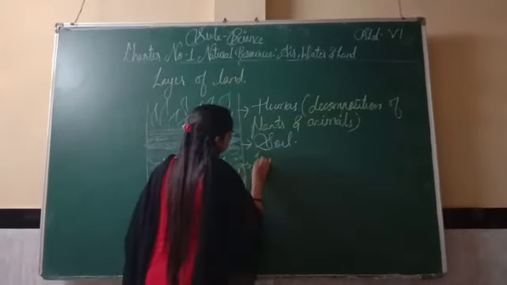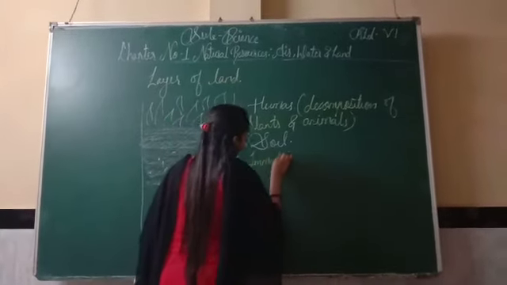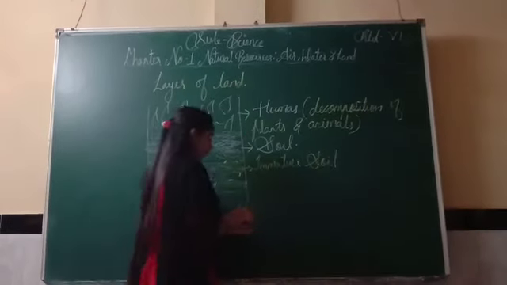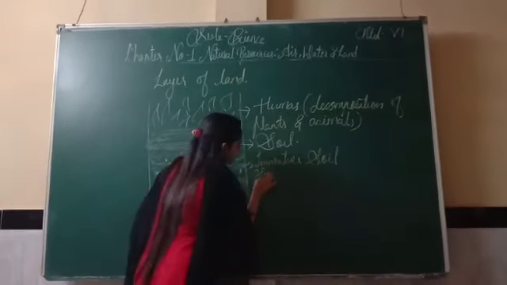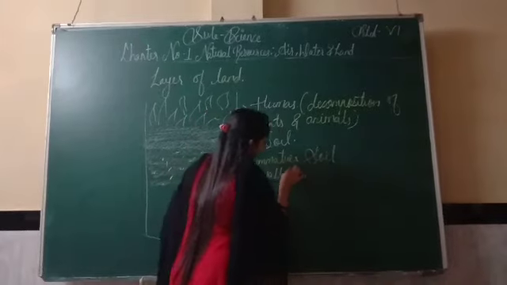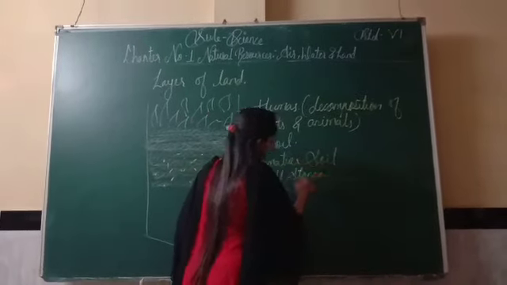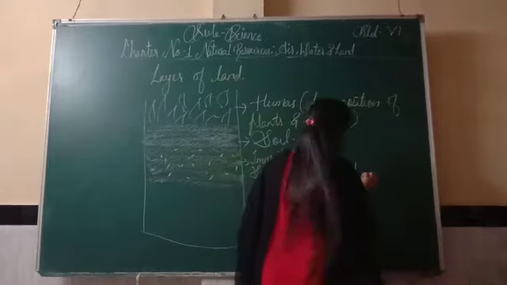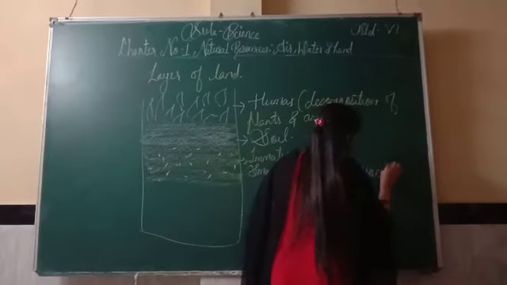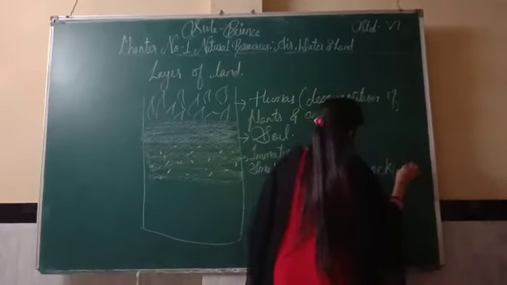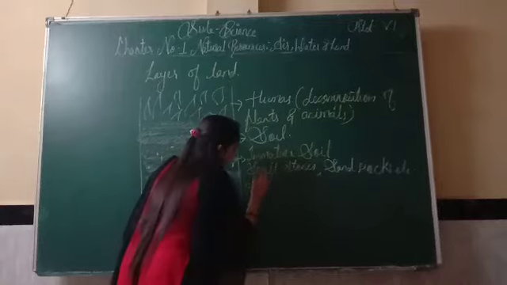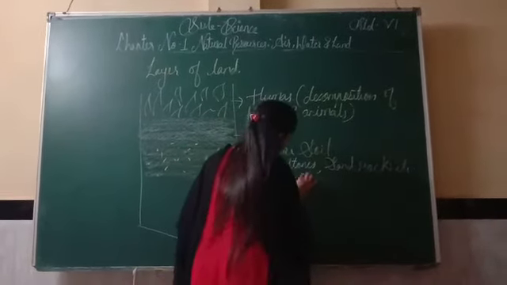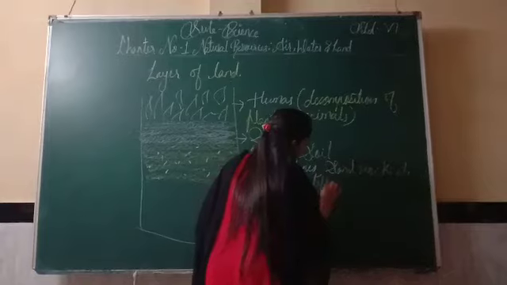Immature soil consists of small stones, sand, rocks, etc. and is also different in different regions.